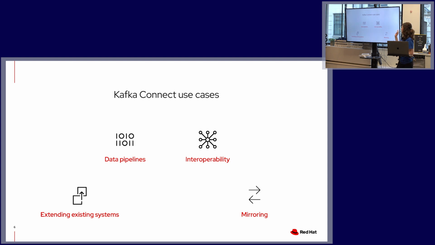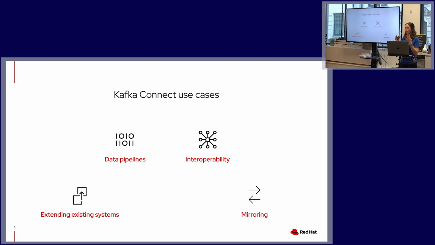In terms of use cases, the obvious ones are building data pipelines, collecting data from sources and making it available to be consumed and analyzed. Then interoperability. I've actually seen Connect as a really good way to connect together existing systems that perhaps don't mesh too well together, by putting Kafka in the middle as a buffer. Then extending existing systems.